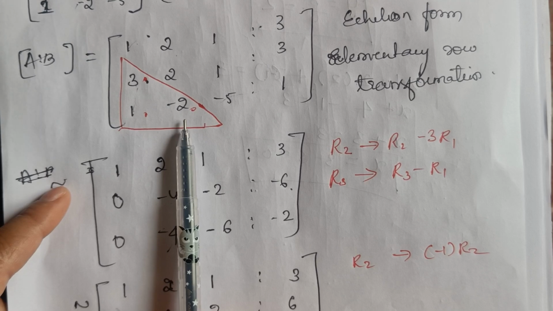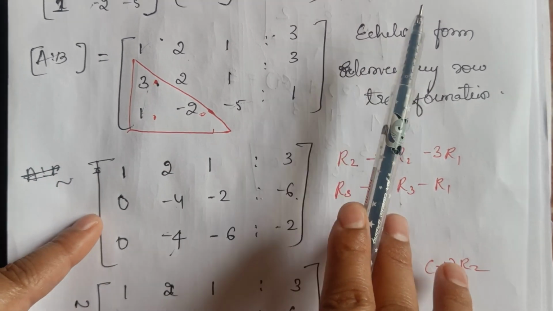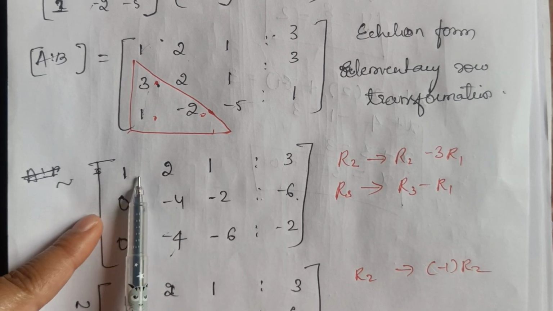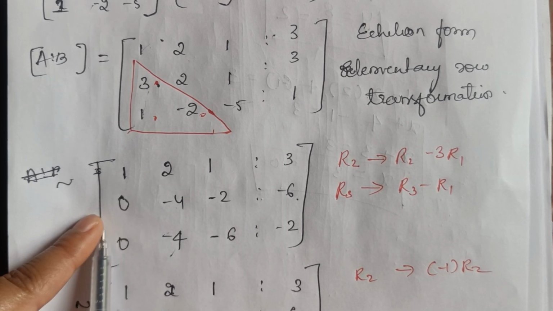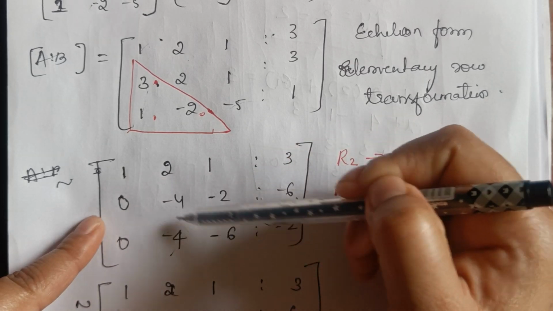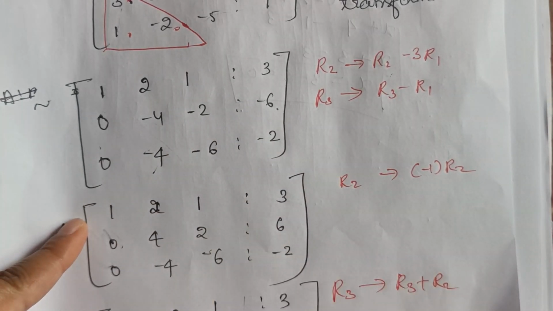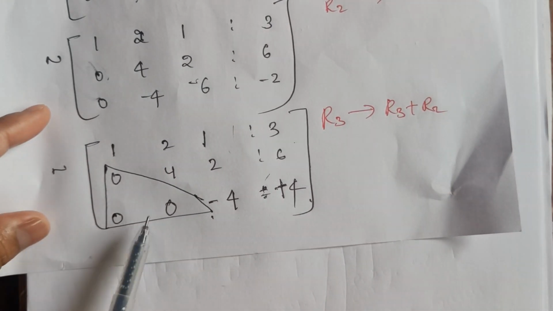According to the echelon form rule, the first element has to be 1, and the elements below it have to be 0. I performed some row operations to get this upper triangular matrix.